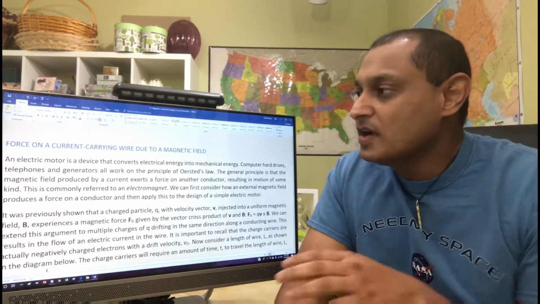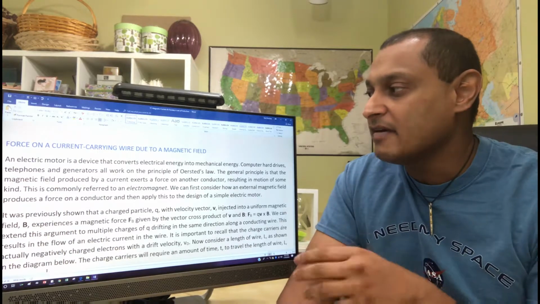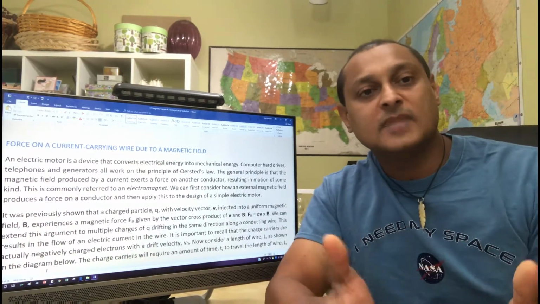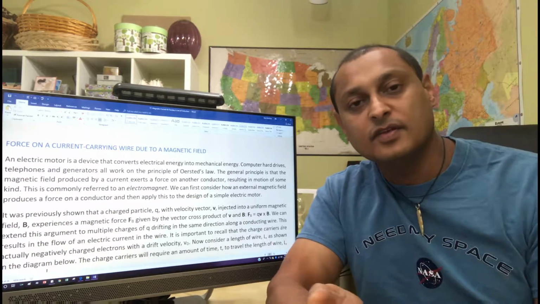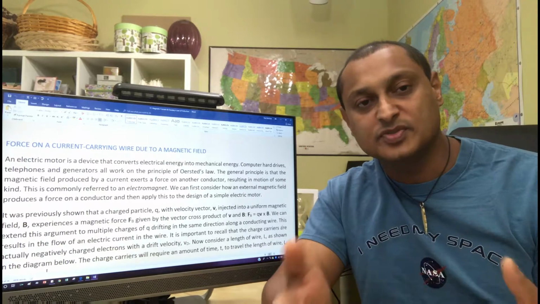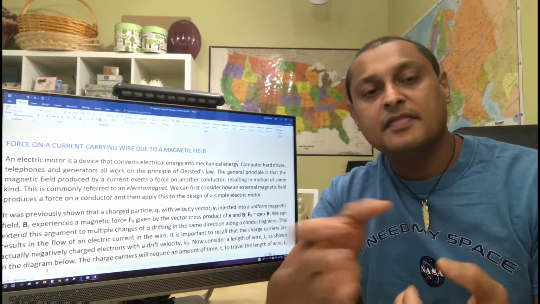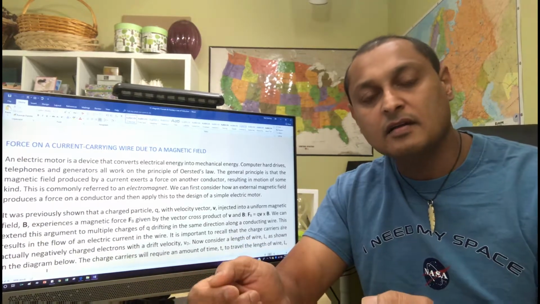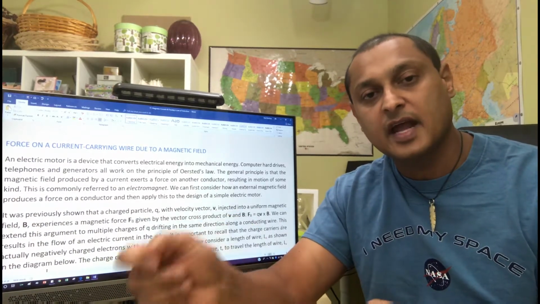I've also derived the force on a current-carrying wire due to a magnetic field. Let's say you've got a circuit and there's a current flowing through one of the wires, and the current fluctuates over time, so it's producing a magnetic field that's fluctuating. That magnetic field is also producing a fluctuating force on other nearby current-carrying wires.